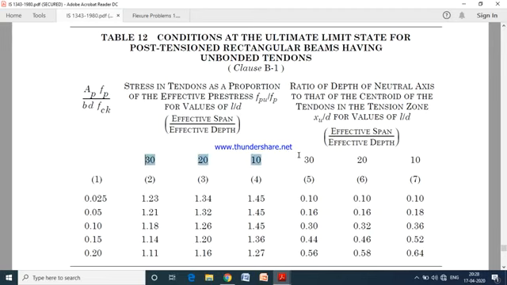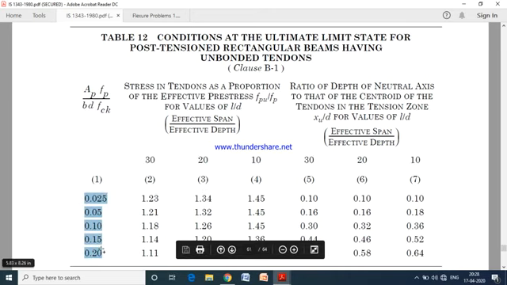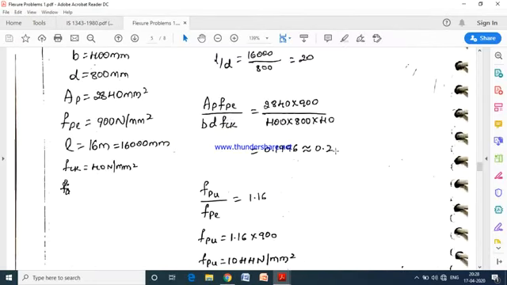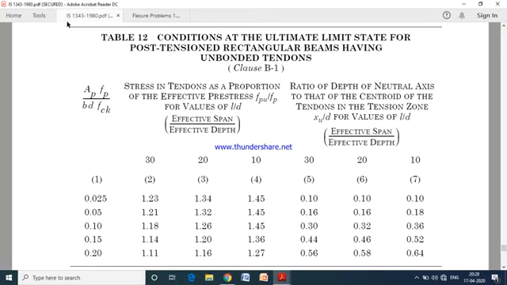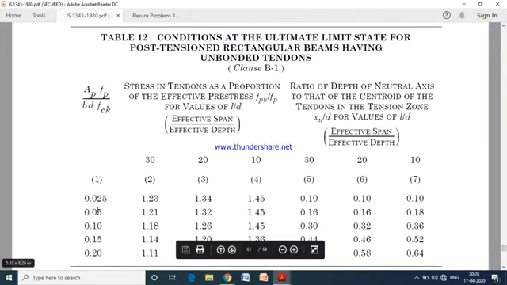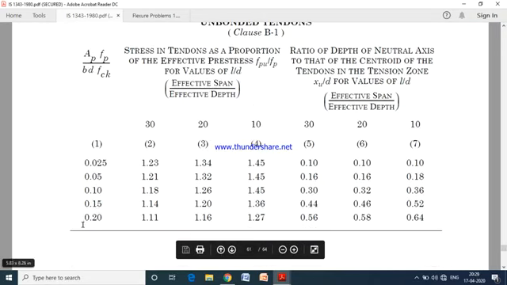These are the L by D ratios, and these are the Ap fp by b d fck values. Here you have Ap fp by b d fck as 0.2 and L by D ratio 20. So 0.2 and L by D ratio 20, we get fpu by fp value 1.16.